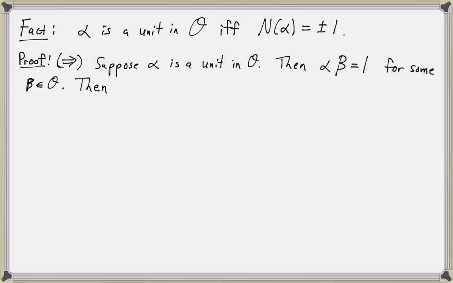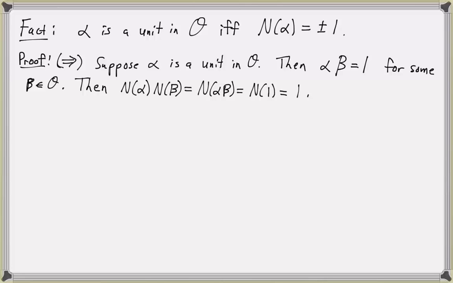The norm of alpha times the norm of beta equals the norm of alpha times beta, but alpha beta equals 1, so this is the norm of 1. And then using either formula, the norm of 1 will just equal 1.